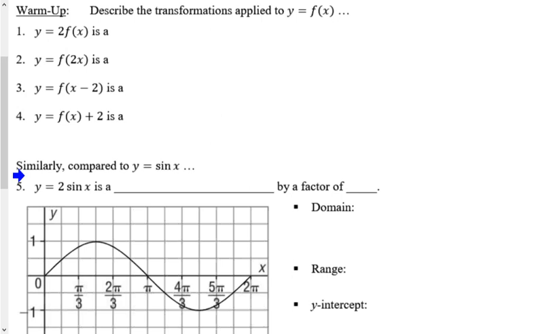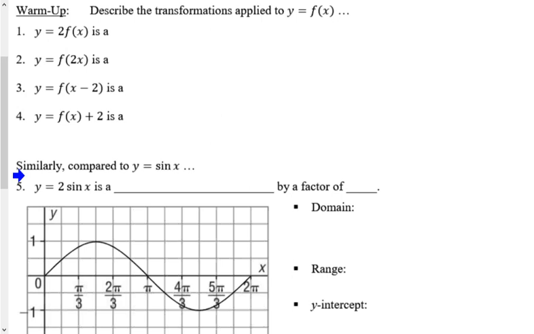Number 1, Denise, how would you describe that? Vertical stretch by a factor of 2. Yes. Number 2, Muhammad. Yeah, horizontal stretch by a factor of 1/2. And number 3, Danny. Translation 2 to the right. Yep. And number 4, Iman. Translate 2 up. Yep. Perfect.